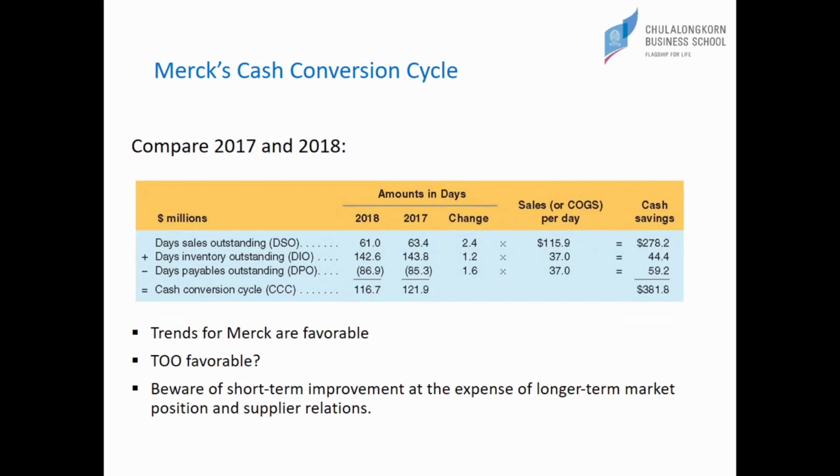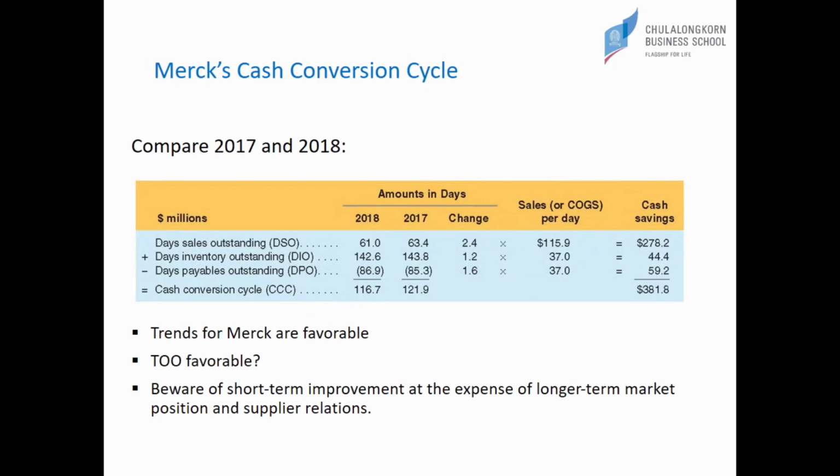Of course, you can improve this cash conversion cycle if you ask your supplier to pay fast, or you just delay your payment until you can, right? That way you can decrease this cash conversion cycle. But you have to be careful because this short-term improvement can come at the expense of longer-term market position and the relationship with the supplier.